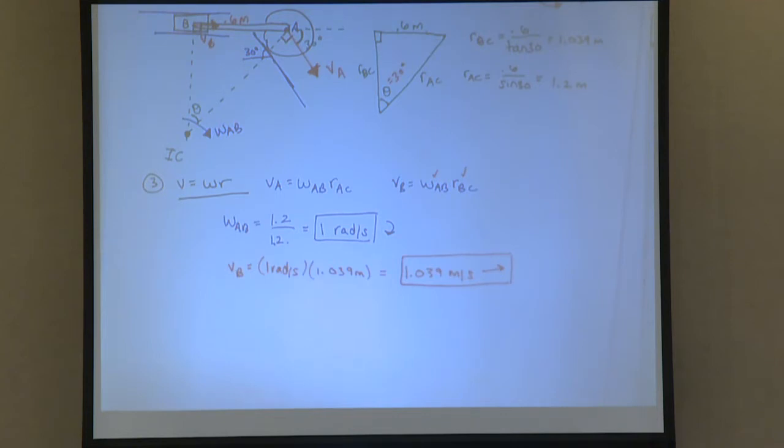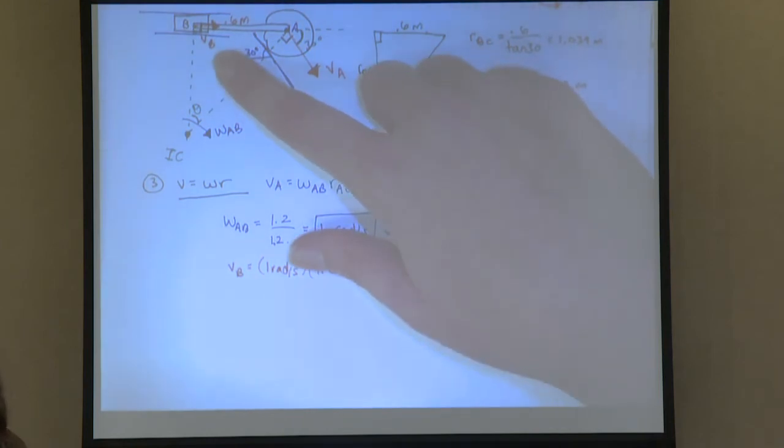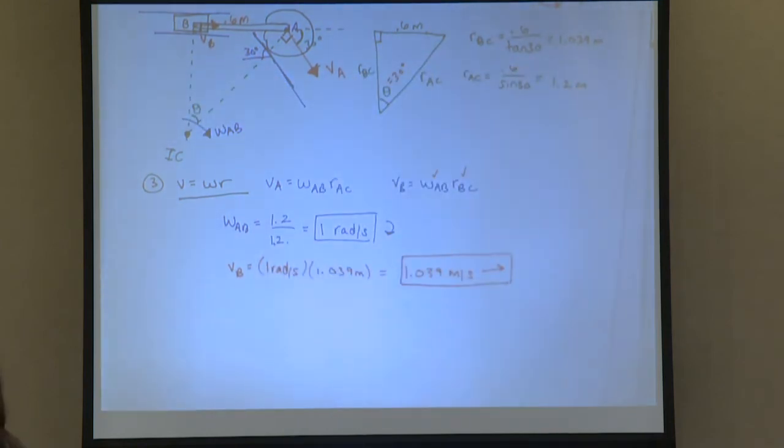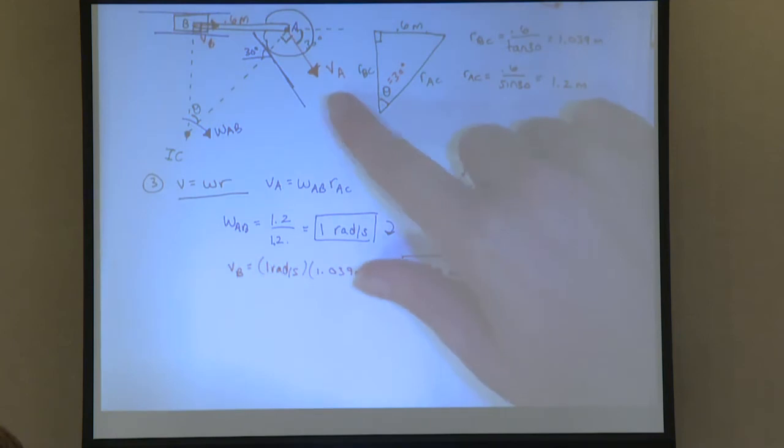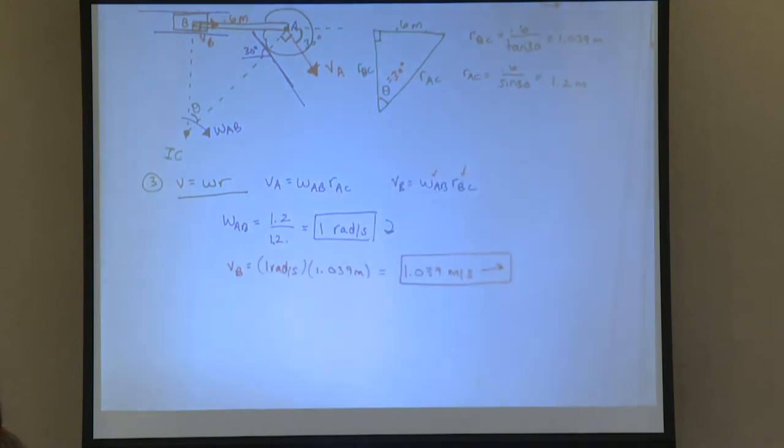For some of them, they're just too crazy. The reason this one's easier is that VB is going only in the X direction, so there's no angle involved. And for VA, we know the direction, but we don't know the rotation. It just worked out for this one that it's easier.